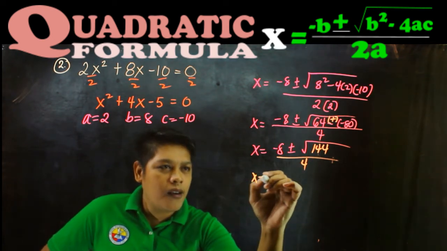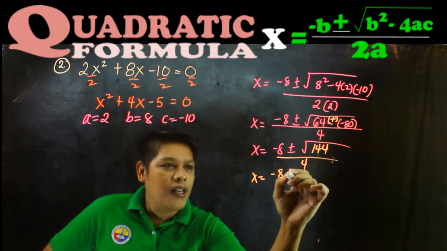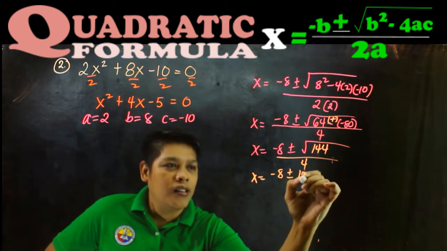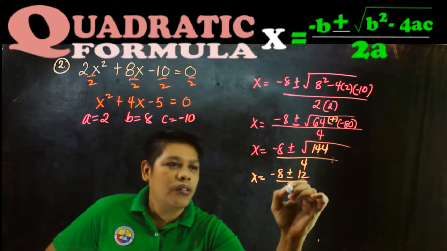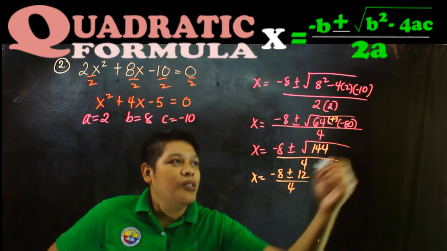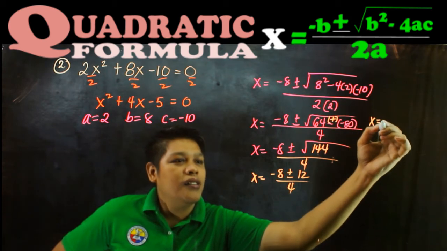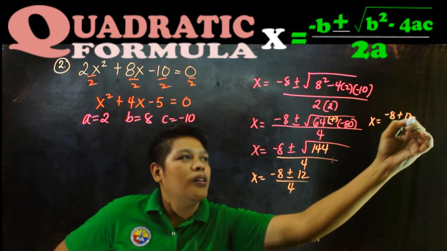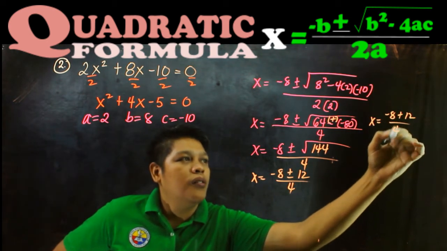So, x equals negative 8 plus or minus, what is the square root of 144? Ito ay 12 over 4. So, ulit, magkakaroon tayo uli ng dalawa, no? So, una, x equals negative 8 plus 12 over 4.